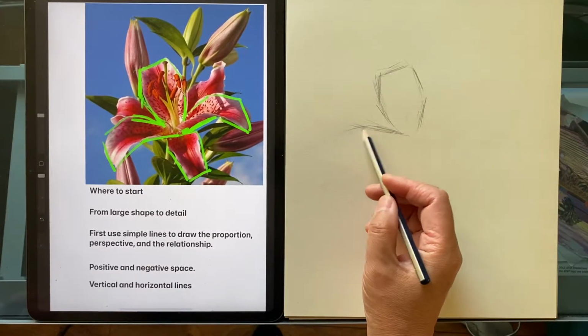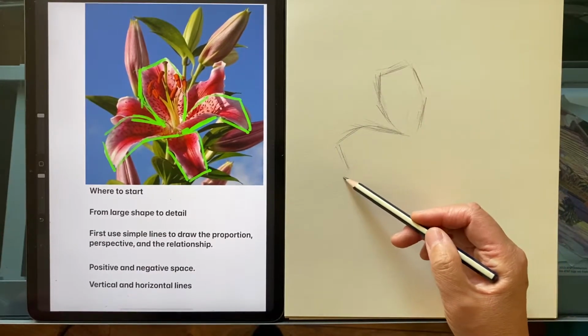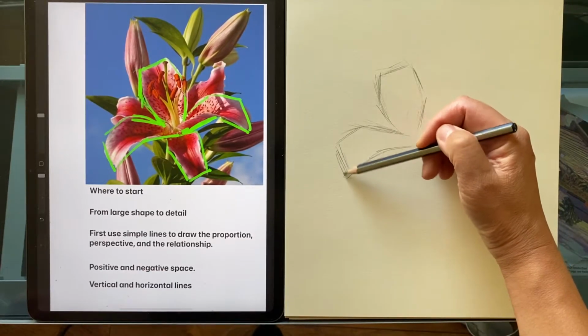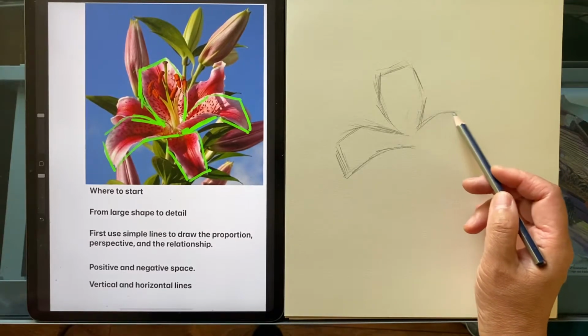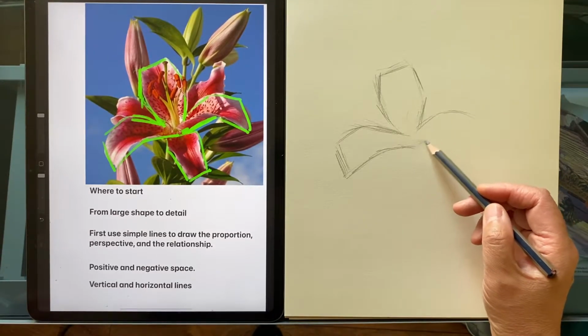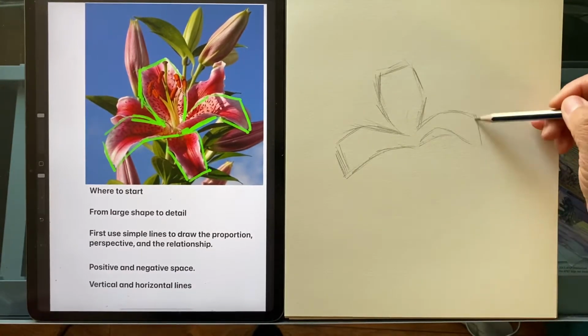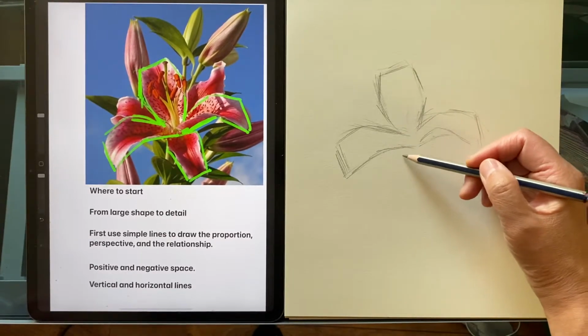Loosen your hand. No pushing, and just don't commit to lines. You can draw lots of lines, it doesn't matter.